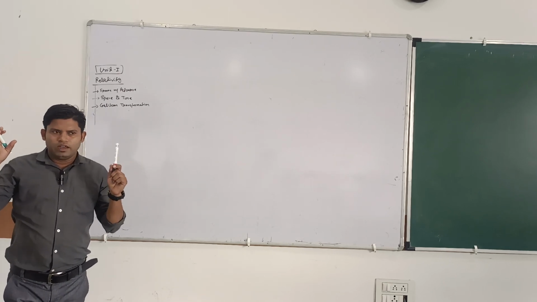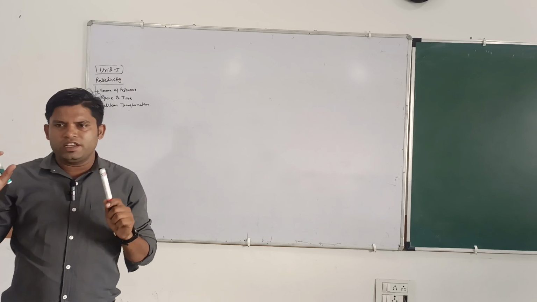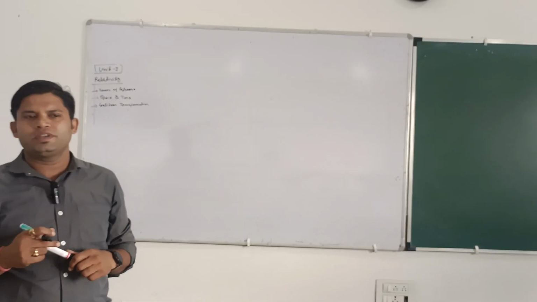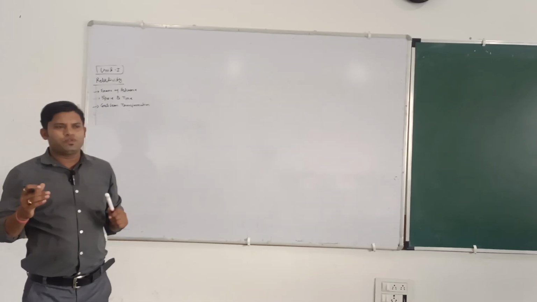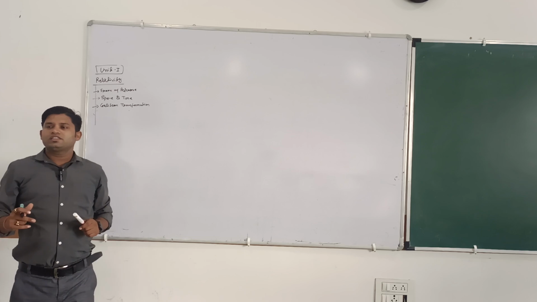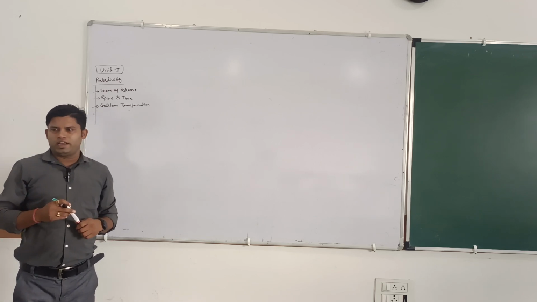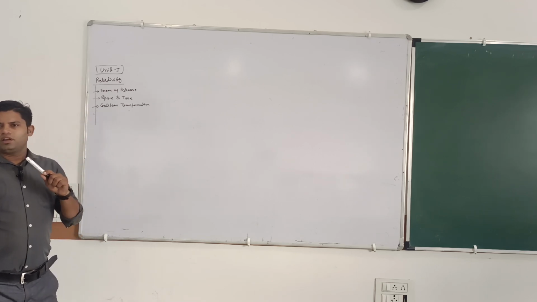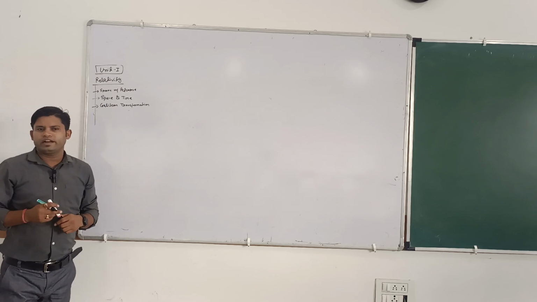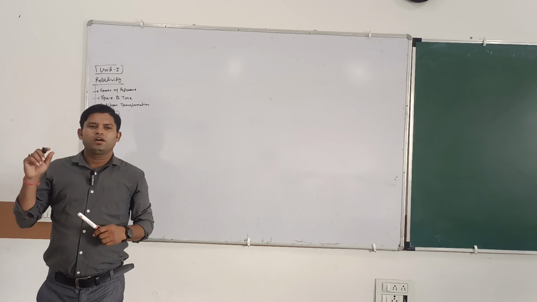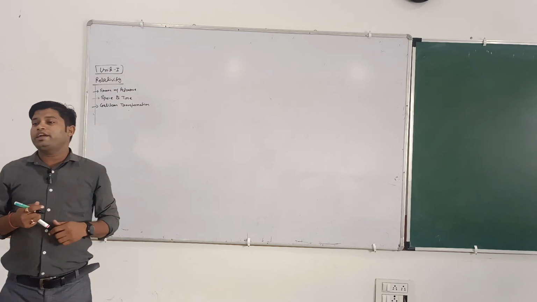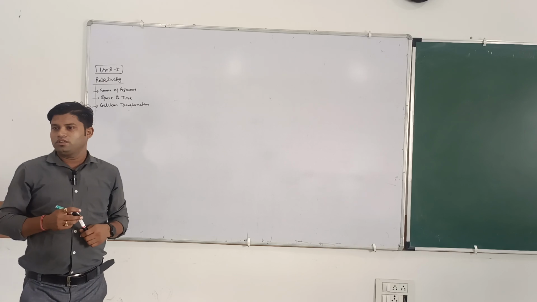The equations relating these two sets of coordinates are called the Galilean transformation. Total, how many equations do we find in Galilean transformation? 6 or 8? 8 equations.